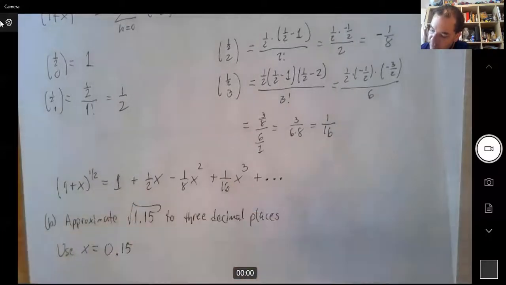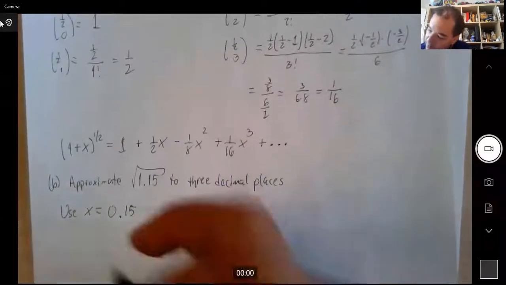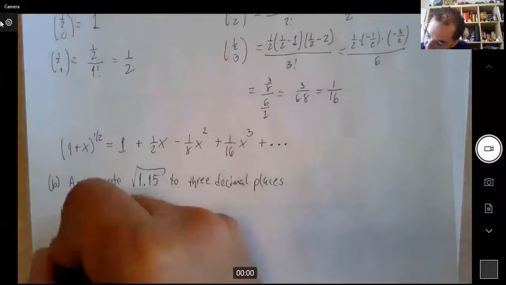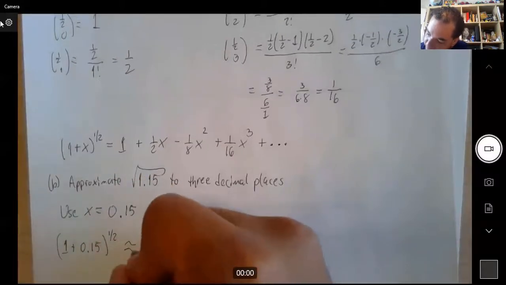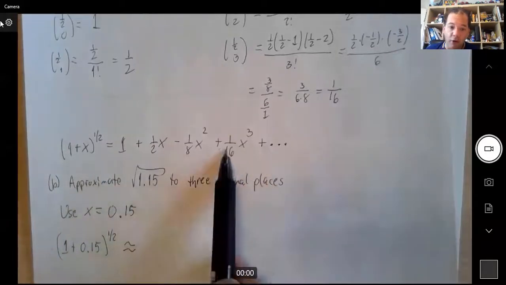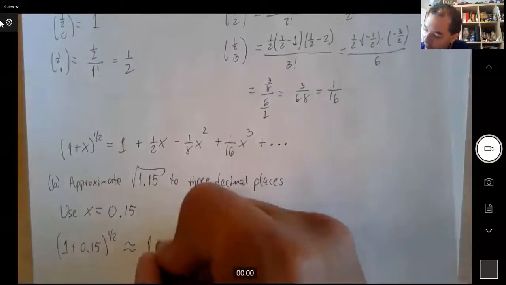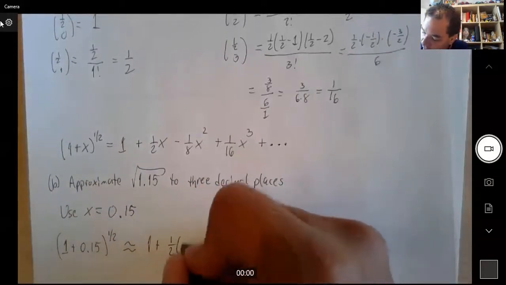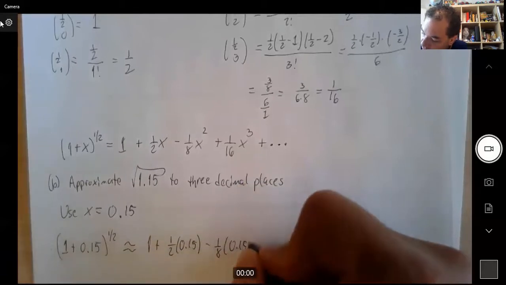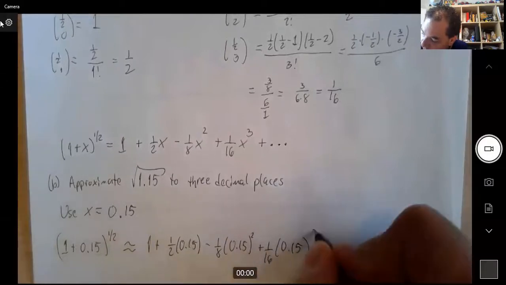Right? So then we just put it in here, and our approximation of 1 plus 0.15 to the power 1/2 will be an approximation because we're not going to use all of them, right? We're only going to use these first 4. So it's going to be 1 plus 1/2 of 0.15 minus 1/8 of 0.15 squared plus 1/16 of 0.15 cubed, right?